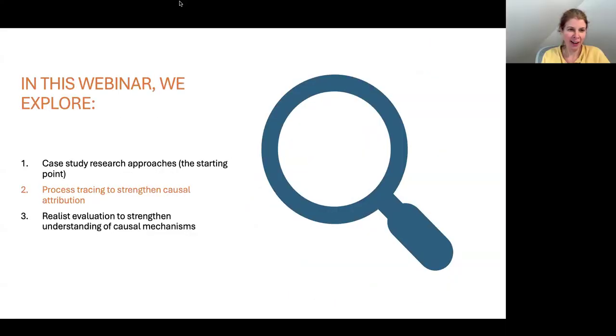Thanks so much, Sarah. We're moving on to an approach from political science called process tracing. The reason we're talking about this is because as we were developing EPIC, the policy intervention evaluation that Sarah was talking about, our funders, the NIHR, asked us to think a little bit more carefully about causal attribution within a case.